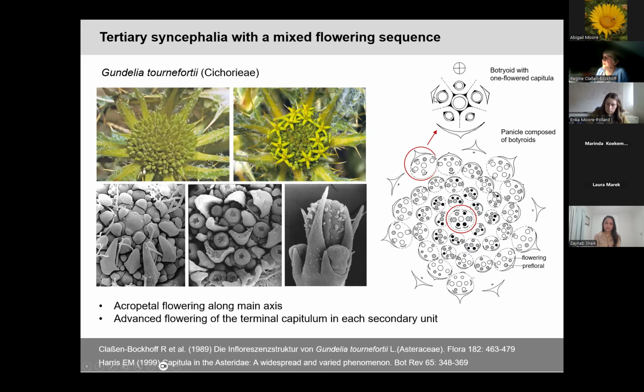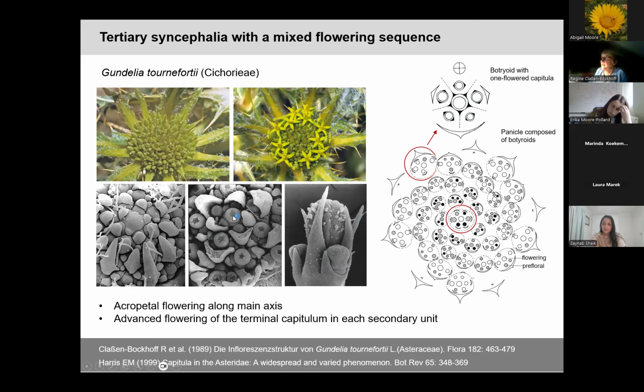pattern as we saw in Ligularia sibirica. And if we look at this subunit, we have a terminal flower surrounded by usually 5 lateral flowers, and each flower is surrounded by involucral bracts. So this unit can be interpreted as a botryoid with 1-flowered capitula.